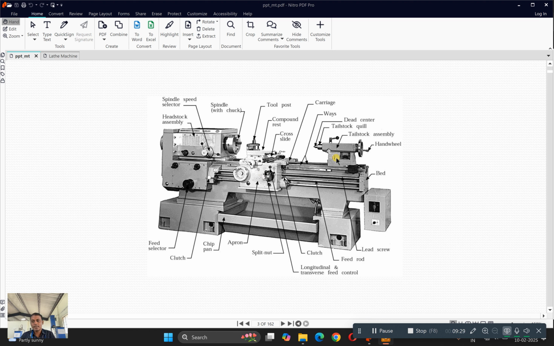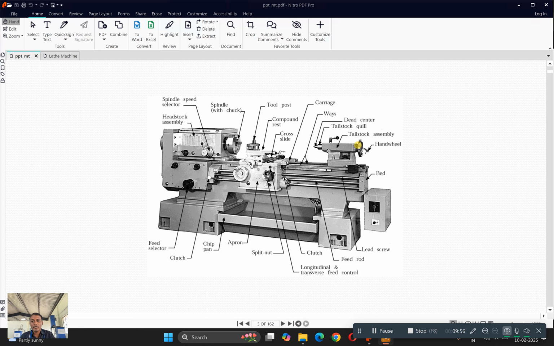A tailstock is used to machine larger cylindrical workpieces like lengthier shafts. This tailstock can slide over the surface of this lathe bed, and it has a lock nut or lock screw to fix the tailstock at any convenient position. At the top of this tailstock we have a hand wheel.